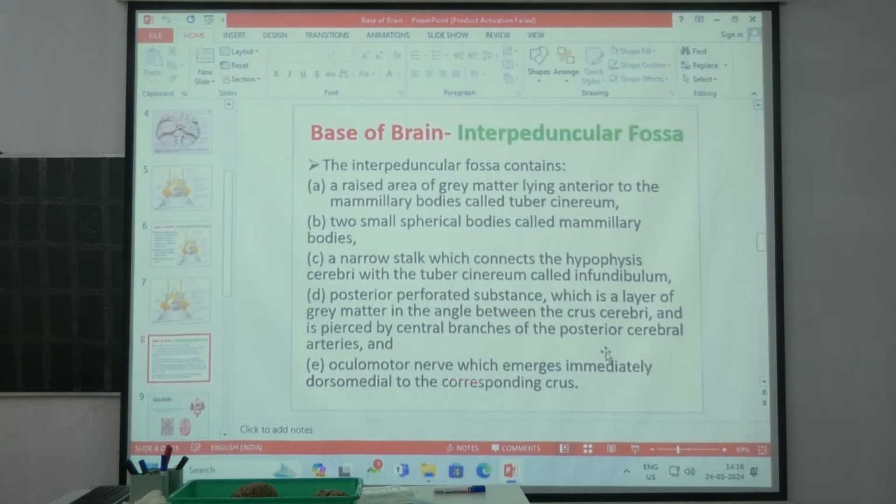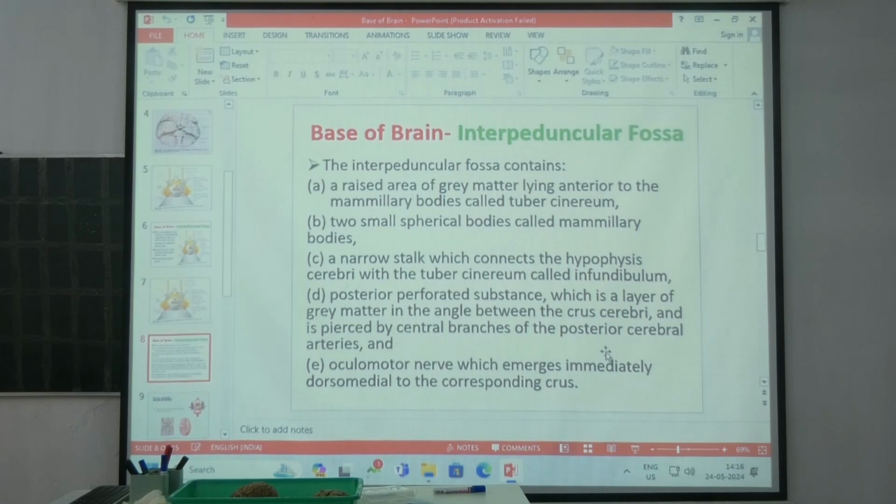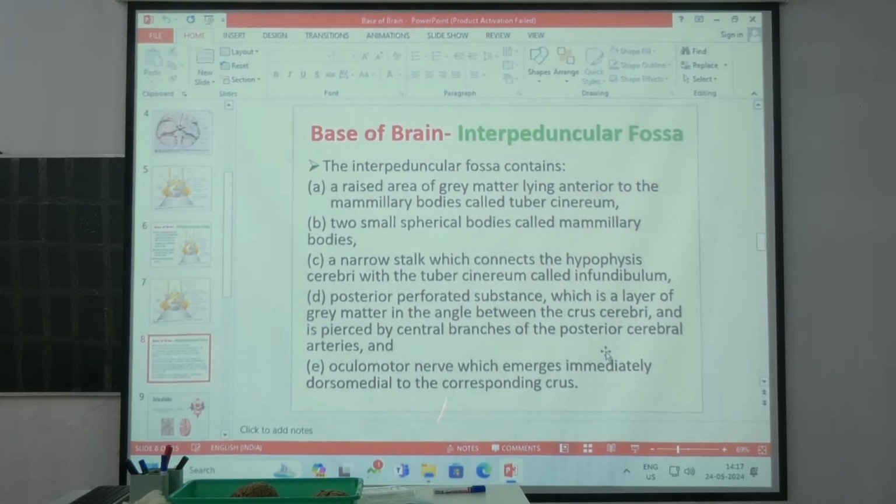And the oculomotor nerve emerges immediately dorsomedial to the corresponding crus, medial to the crus cerebri. So these are the contents of the interpeduncular fossa.